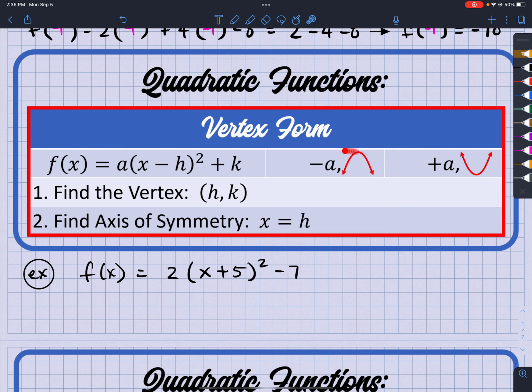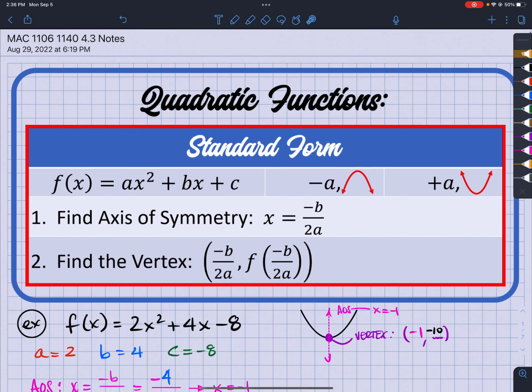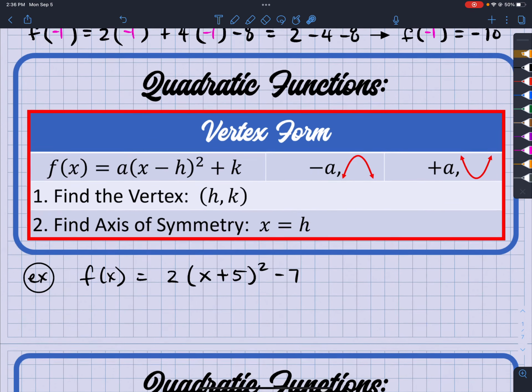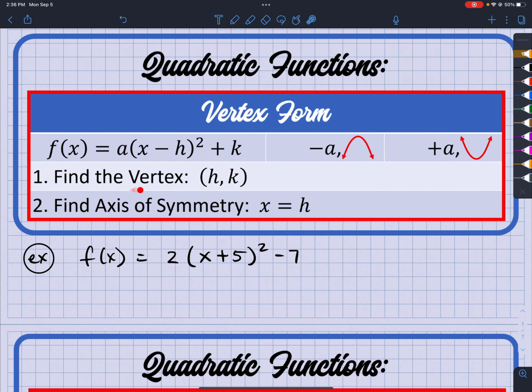The concavity is still exactly the same: negative a, still frowning; positive a, still smiling. And then we'll find the axis of symmetry. In standard form, we found the axis of symmetry first, then the vertex, whereas in vertex form, we find the vertex first, and then the axis of symmetry.